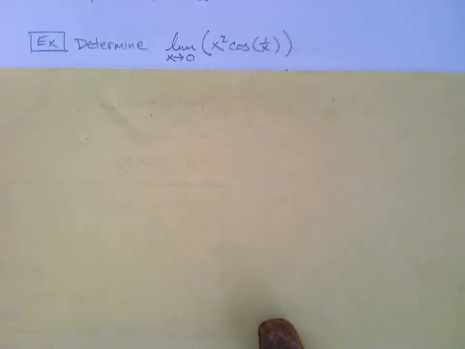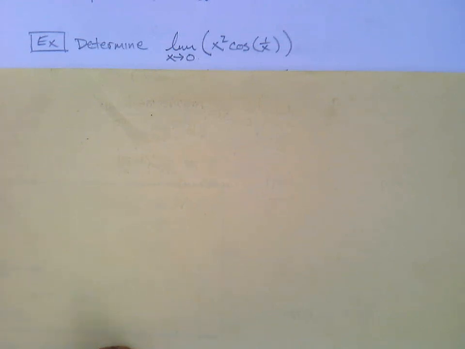Let's look at this. The limit as x approaches 0 of x squared times the cosine of 1 over x. You're like, oh my goodness. I mean, think about if you tried to plug in 0, this is going to be terrible.